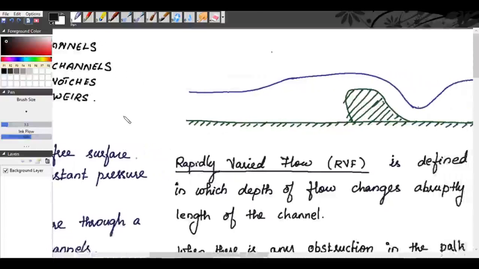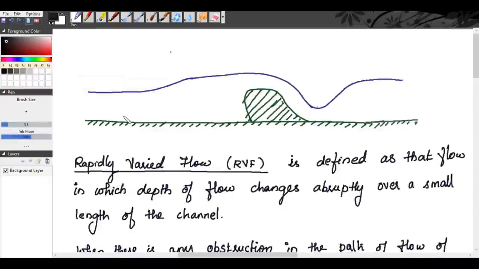So with the help of this diagram, you can see this is an open channel, and this is the flow. This is how the water is flowing and this is the free water surface.